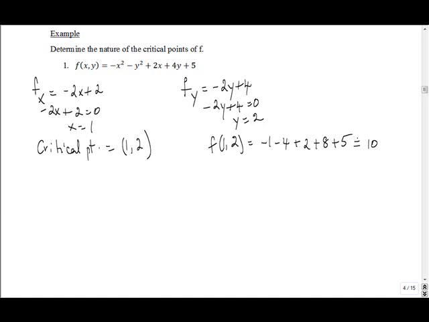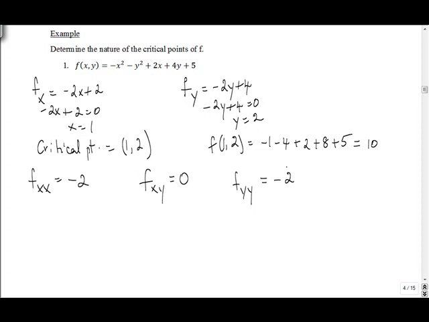We're using the second derivative test, so let's find all the second partials. fxx, so partially differentiate this with respect to x, that's a minus 2. fxy, with respect to y, that's a 0. fyy, partially differentiate this with respect to y is minus 2.